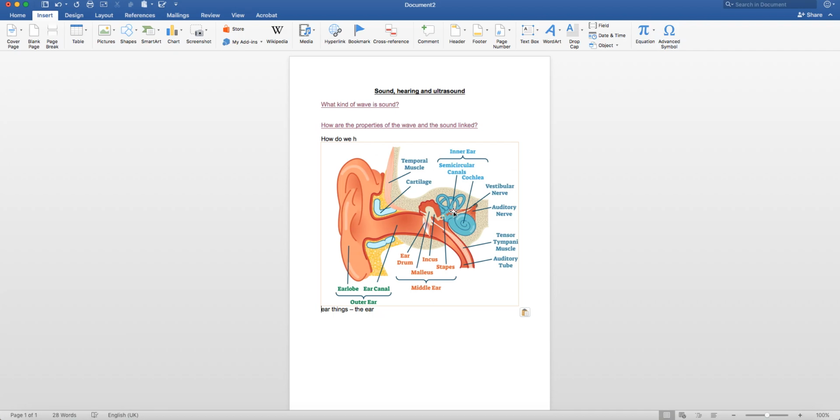If you want to stand up, then it detects that and it sends signals to your legs to get them to straighten. But if this isn't working properly, then you may not be able to stand up. You may feel dizzy and nauseous because you're getting confused signals to your brain. So an infection of the inner ear can be quite serious, quite debilitating. But back to the hearing.